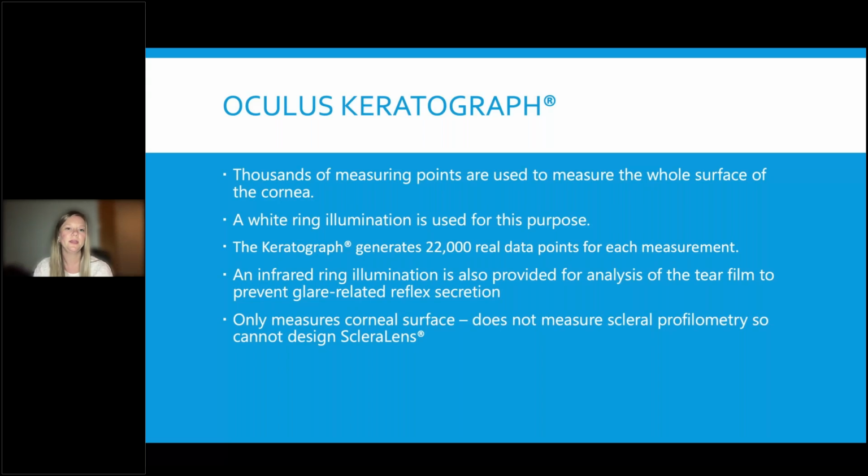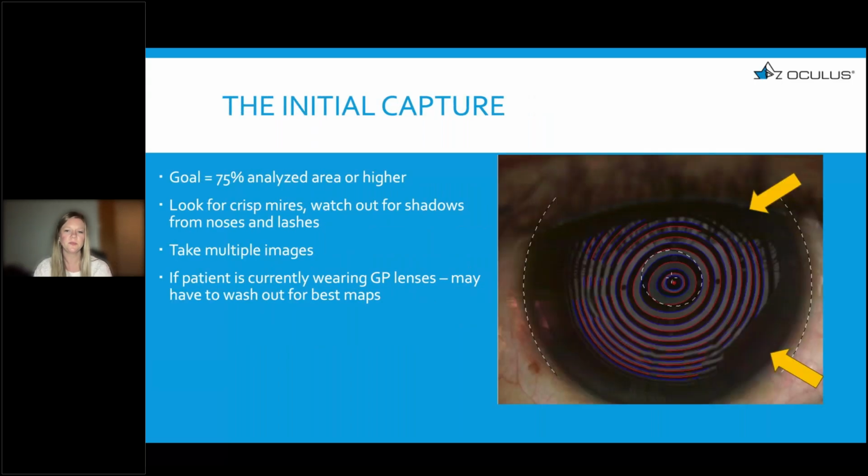So looking at some of the initial capture, some of the main goals, I wanted to point out, especially in this little picture here, when you're looking at your maps, or maybe you're having your technicians take your maps, one thing I always used to tell my technicians is I want you to take at least 5 scans of any patient that I'm designing a custom Wave lens for, okay?